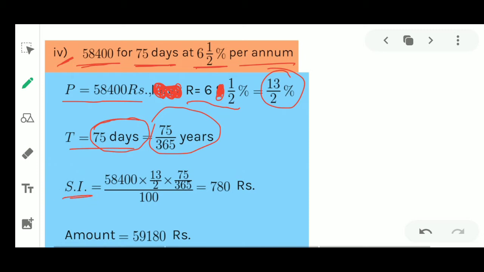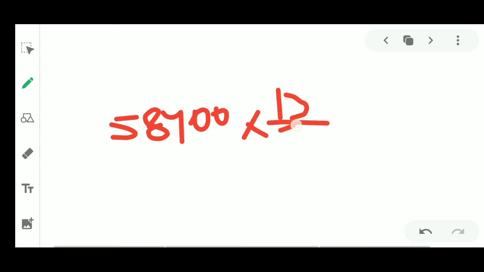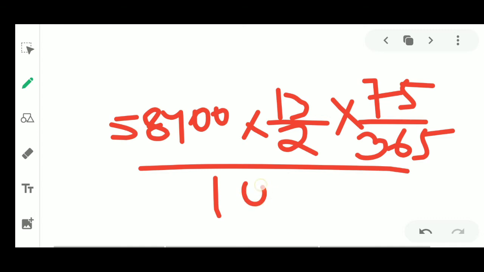Now write simple interest. Simple interest equals P into R into T by 100. So 58,400, that is P, into R, that is 13 by 2, into T, that is 75 by 365, divided by 100. So here 58,400 multiplied by 13 by 2 multiplied by 75 by 365 divided by 100.